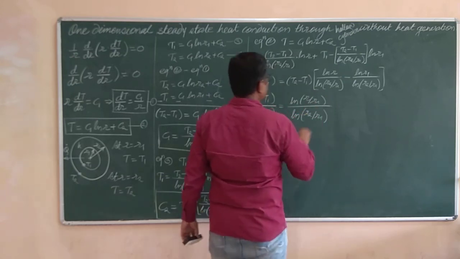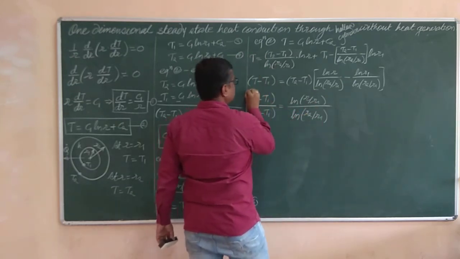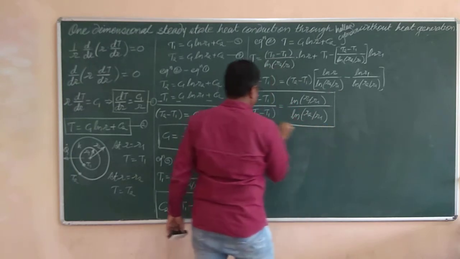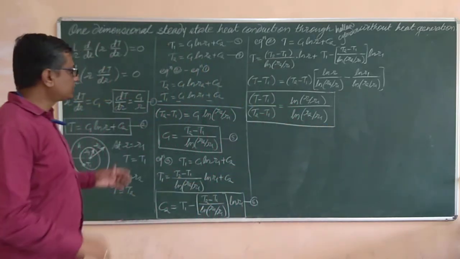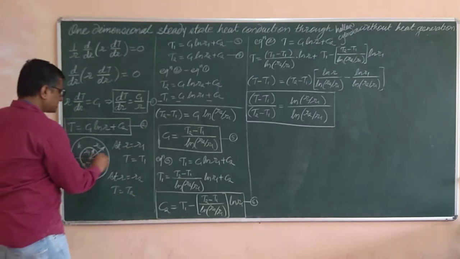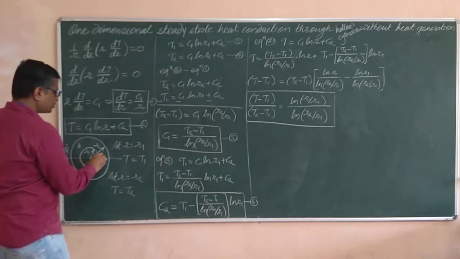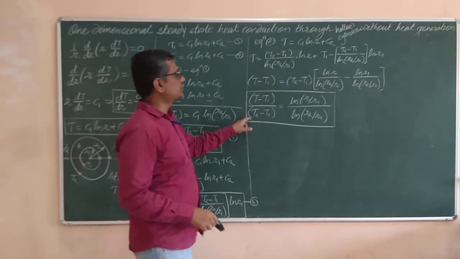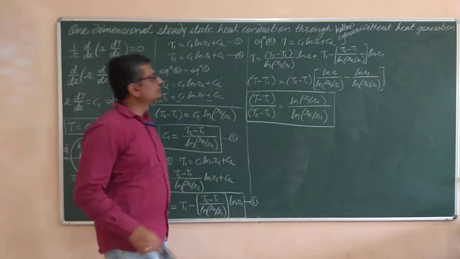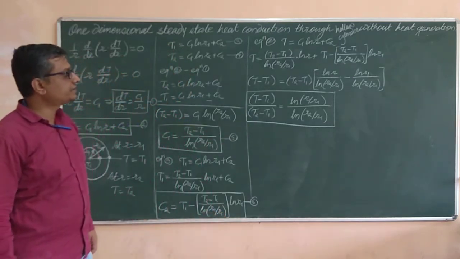And here we come across one important result, and this result is nothing but the temperature distribution along the radial direction. If you go along the radial direction, how the temperature is distributed from the inner surface to the outer surface, that temperature distribution is given by this equation, right?